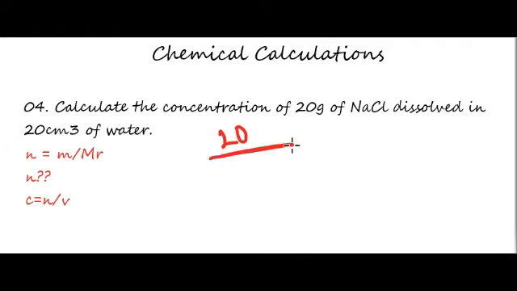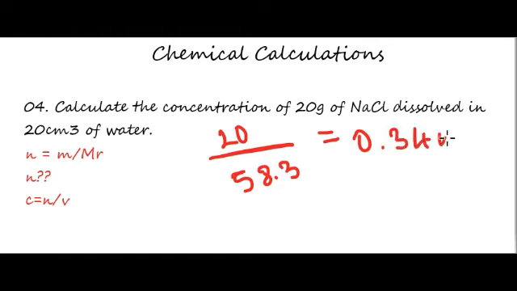That's going to be 58.3. Then 20 divided by 58.3 is 0.34 moles.